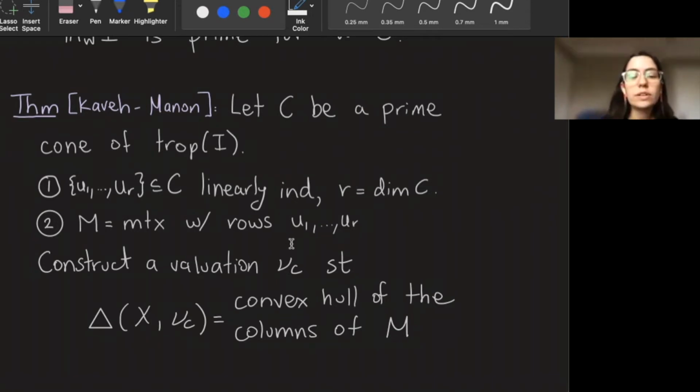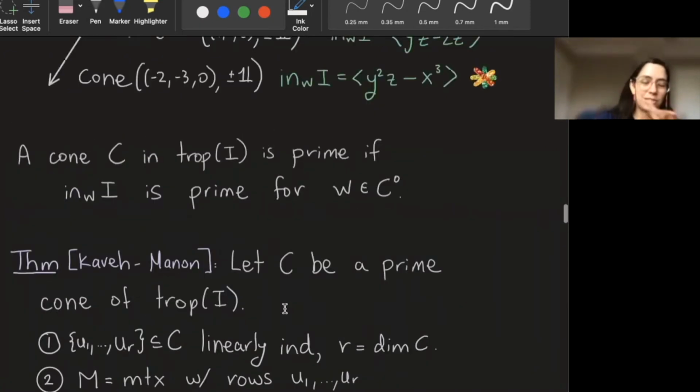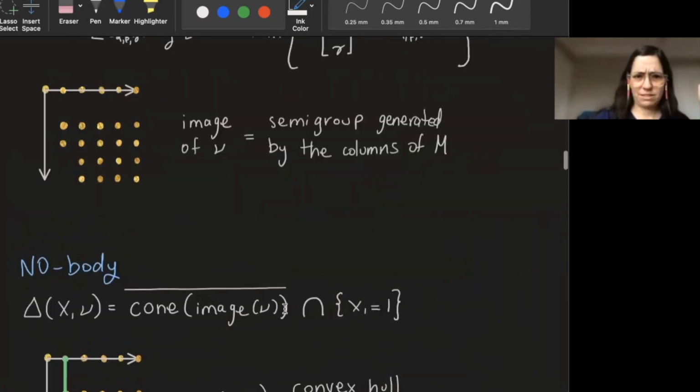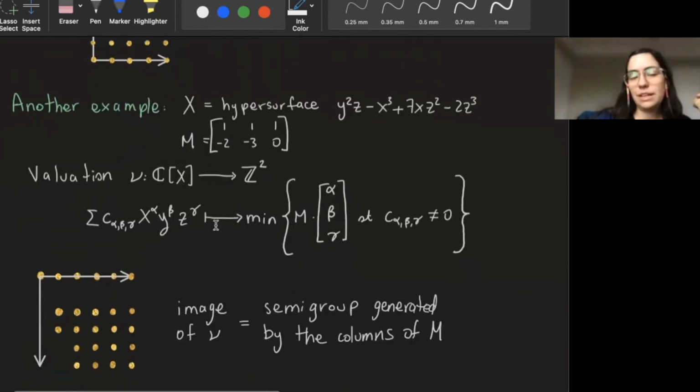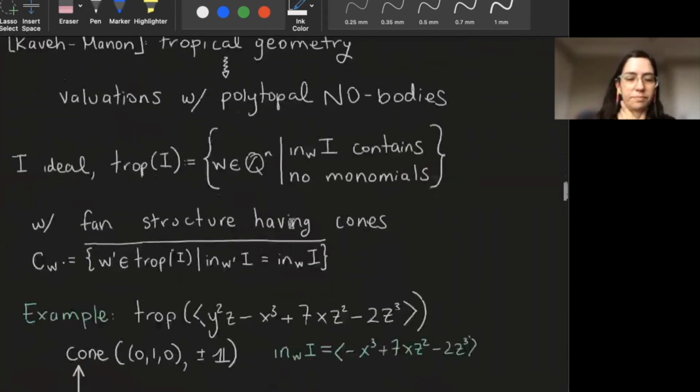Now, how do you construct a valuation? That is literally the example we had before. Let me just go back for a second. You construct them in this form, basically. And the key is that those are going to end up being valuations, and they're going to be well defined. So you replace this M over here with the M that I told you how to construct.